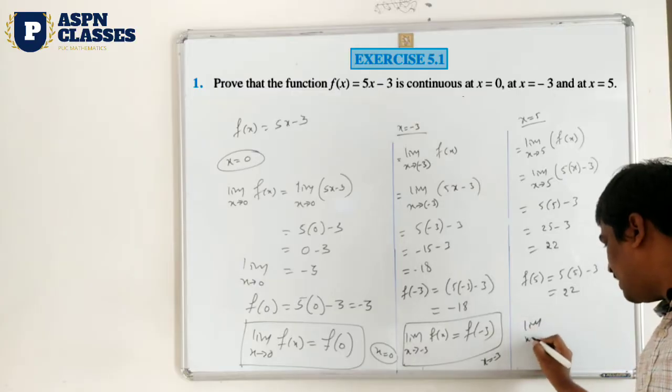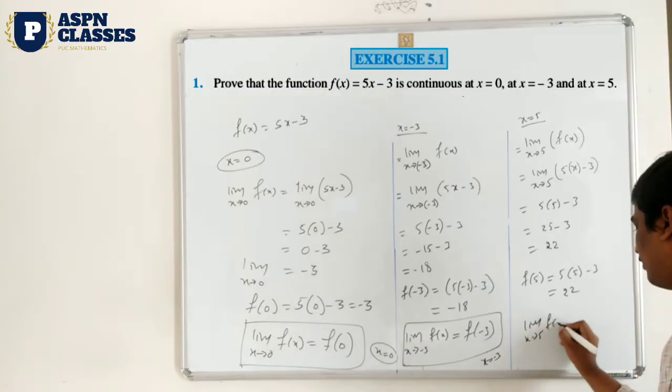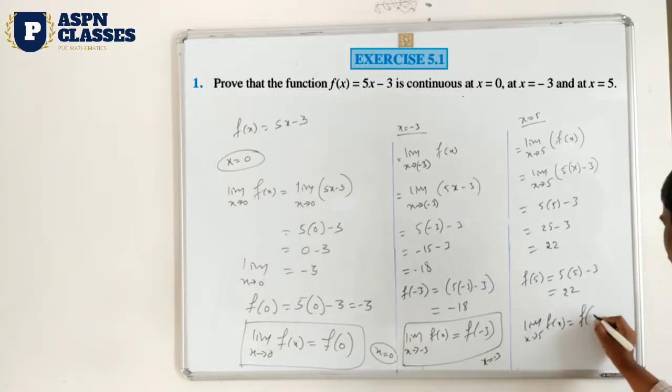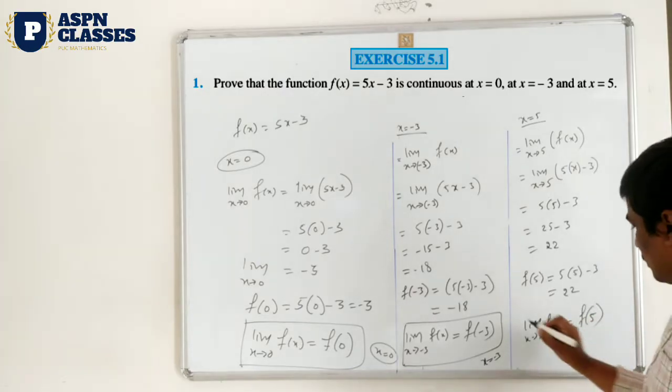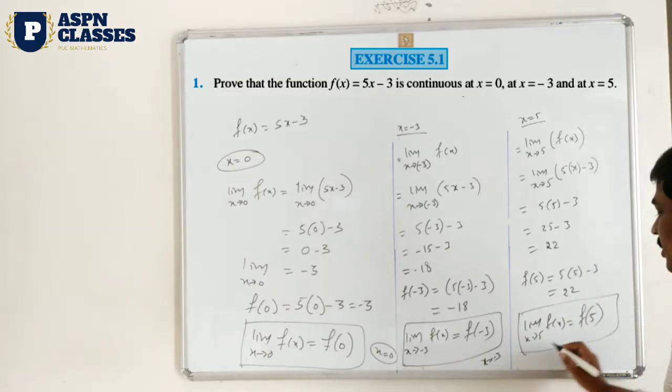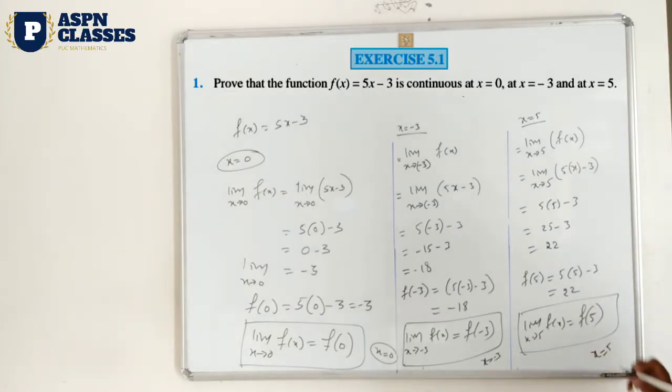Therefore the limit of x tends to 5 of f of x equals f of 5. These two answers are also the same, therefore this function is also continuous at x equals 5.